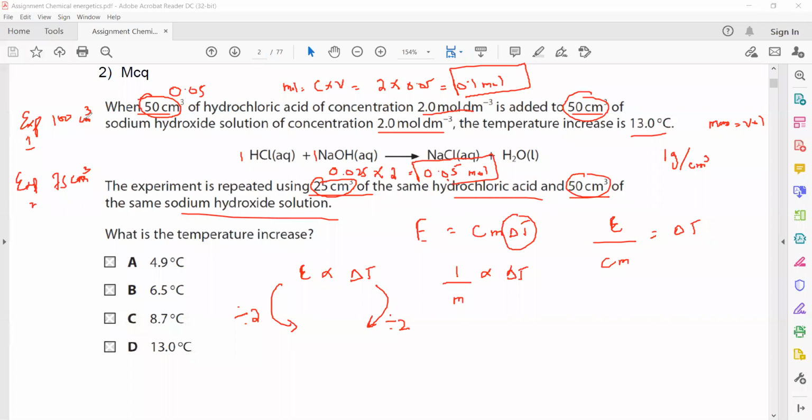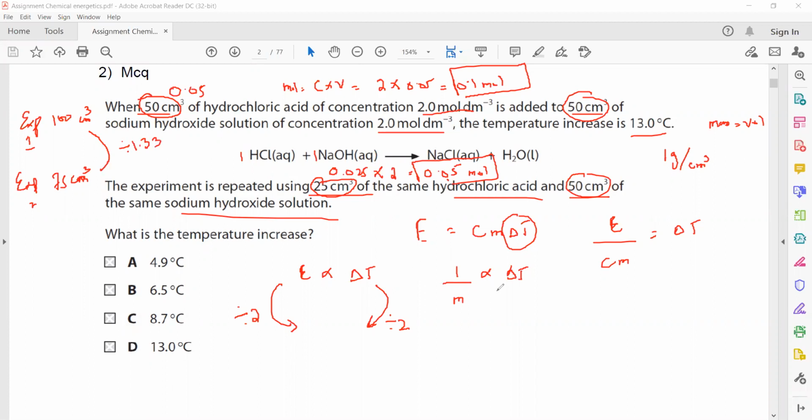So what is the change in the volume? Originally we used 100, but now we are using only 75. So 100 divided by 75, the volume has changed by 1.33. That is the decrease in volume, because 100 divided by 1.33, you will get approximately 75. So the volume is decreased by 1.33.